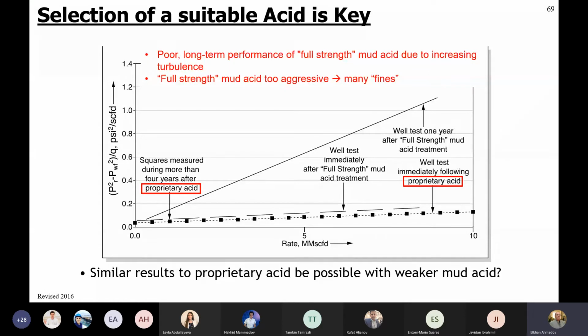The proprietary acid is not something that somebody easily obtains. It requires a long time of studies and laboratory experiments to achieve the desired results, or to achieve better results than the conventional acid formulations.